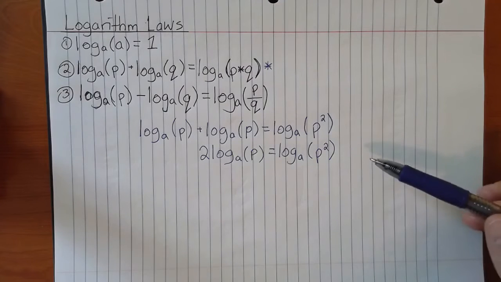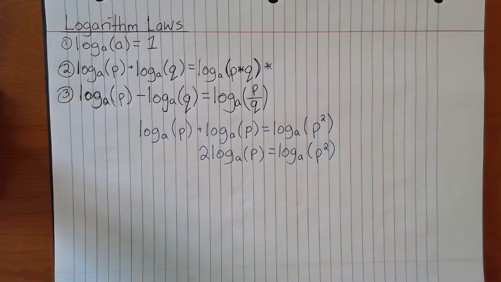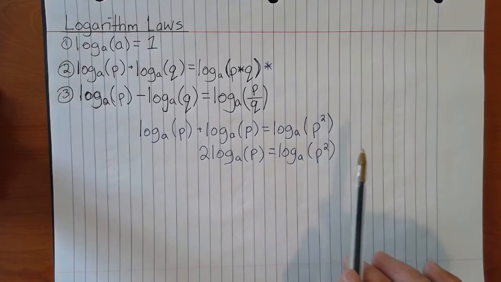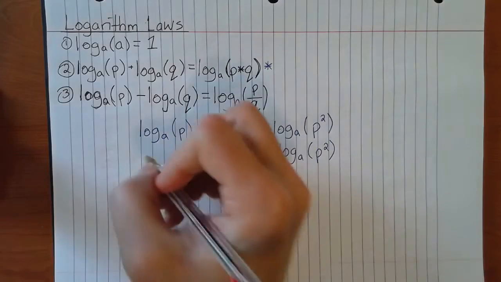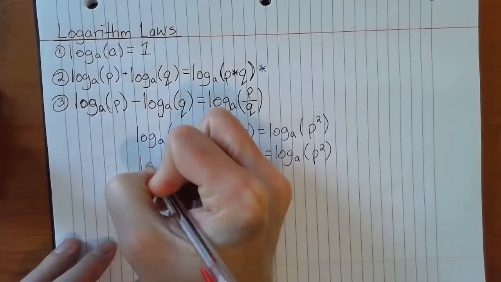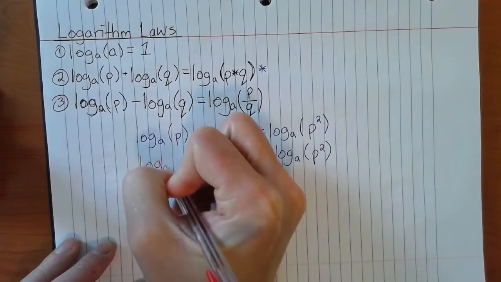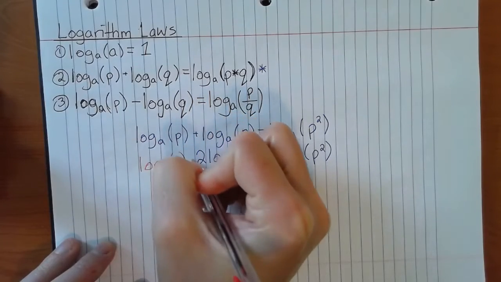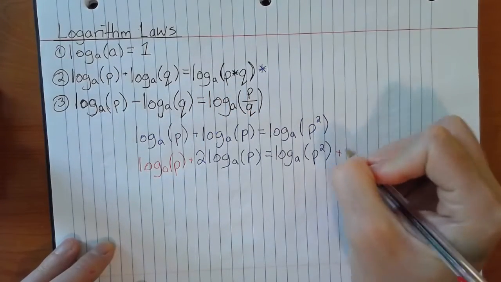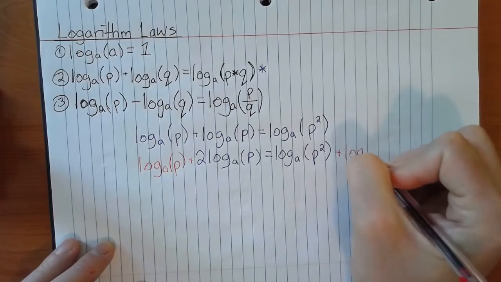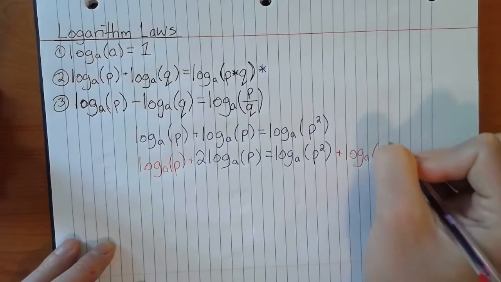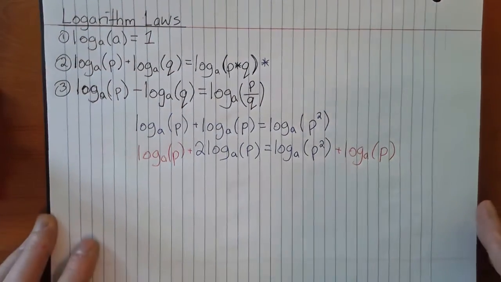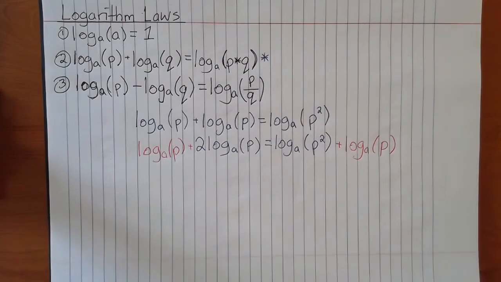Now, you might be able to tell what the law is going to be, but let's see if we can extend this a little bit. So on the left and the right side, we're going to add the exact same thing. We're going to add log base A of P plus log base A of P. So we have two different examples, two things added to both sides.